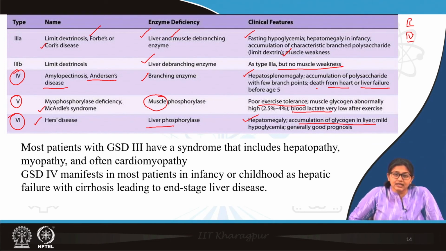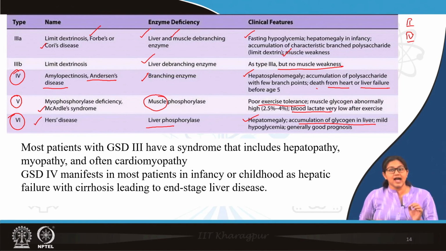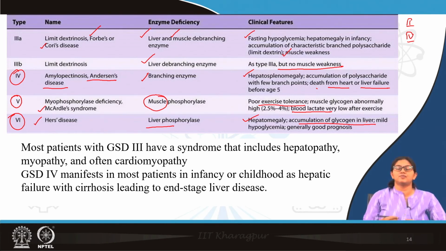Now you can see that type 6 gives rise to mild hypoglycemia. So, basically this hypoglycemia is the cause which finally targets other metabolic pathways, causing other metabolic derangement. So whenever a glycogen storage disorder presents with mild hypoglycemia, the prognosis is actually good. So here type 6 has a good prognosis.